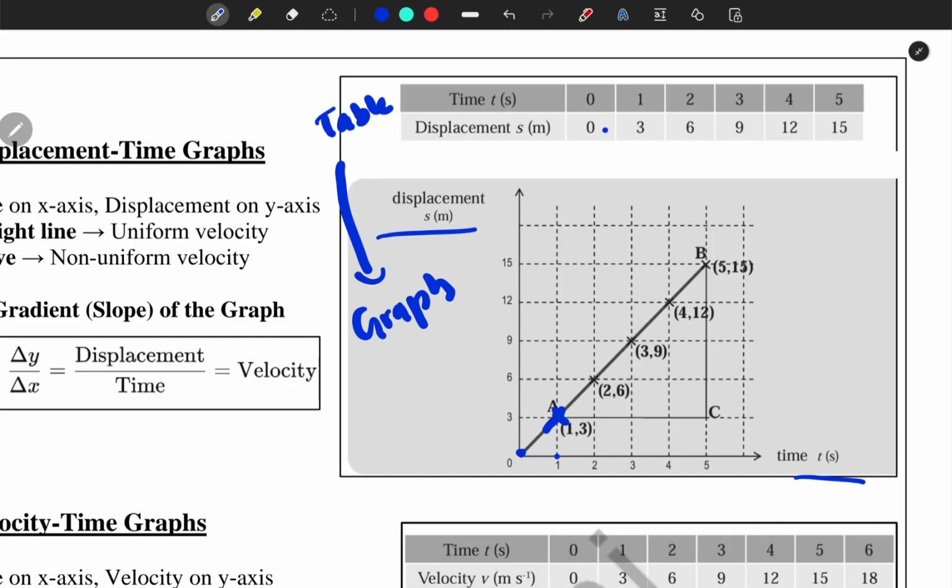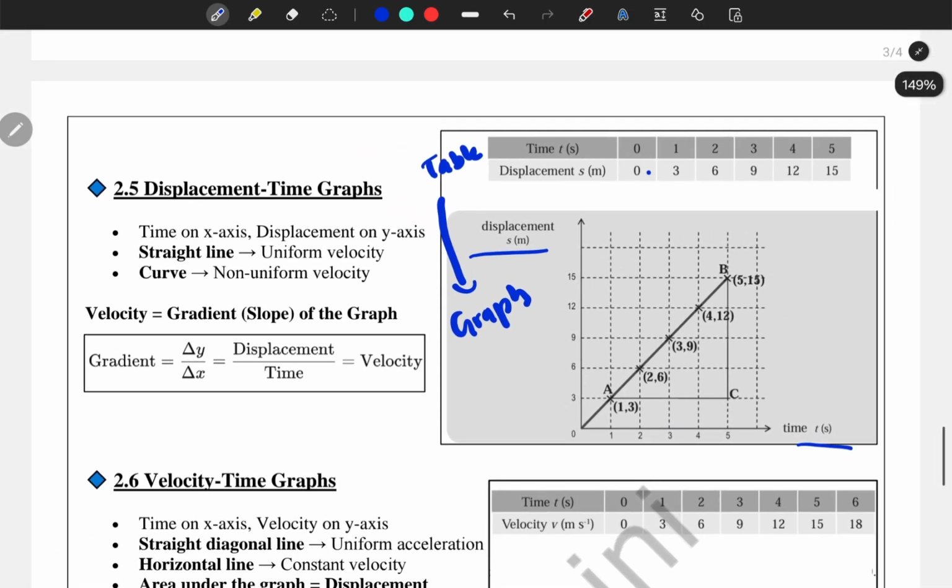At 2 seconds the displacement is 6, so you come here and mark it here. At 3 it is 9 on the displacement side, so you label it here. Likewise, if you plot this and draw a line passing through all the points, you get a graph like this. If you focus here, it is a straight line, right?